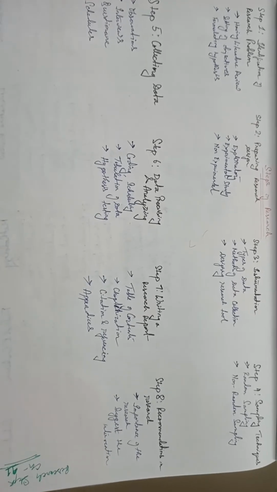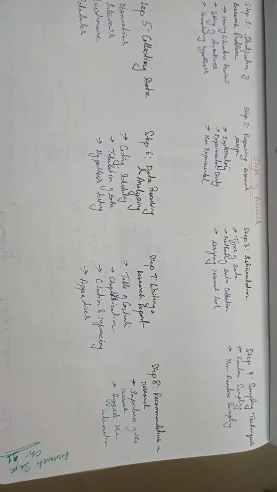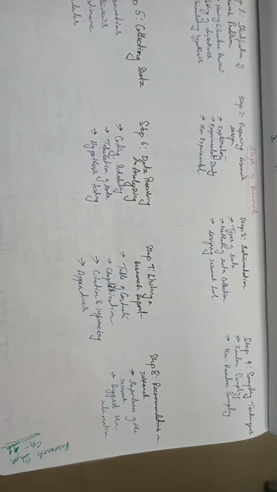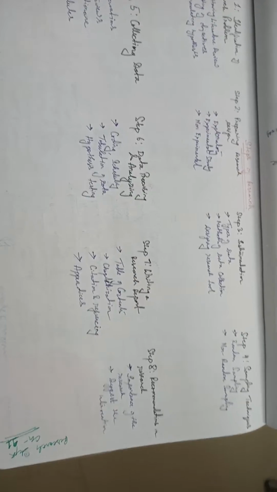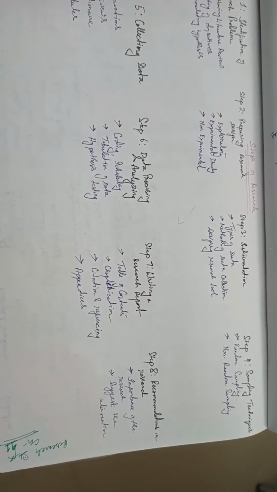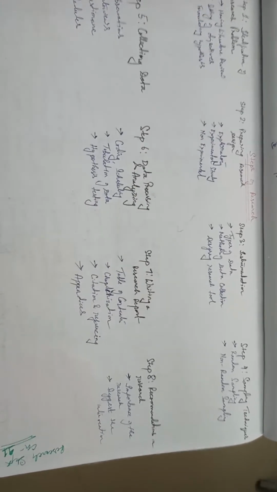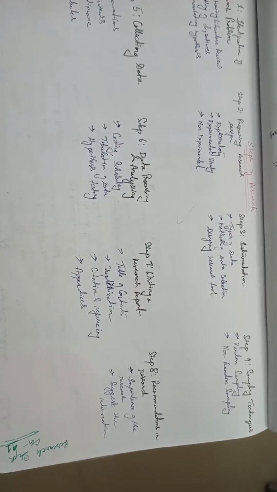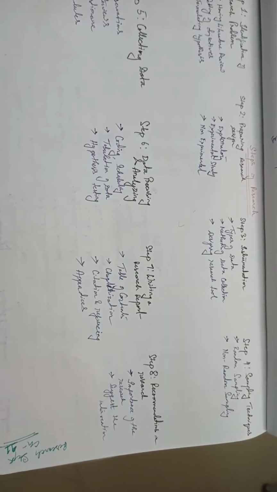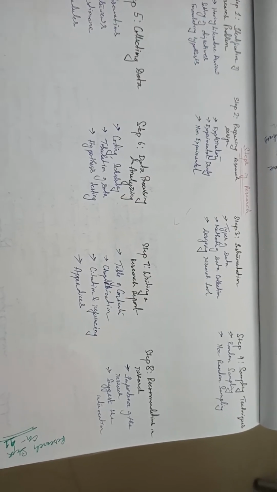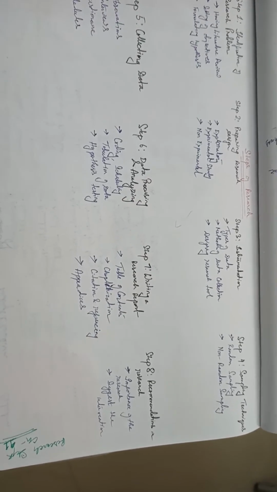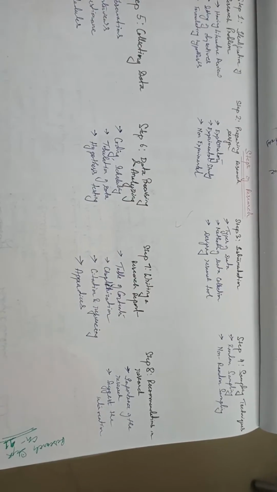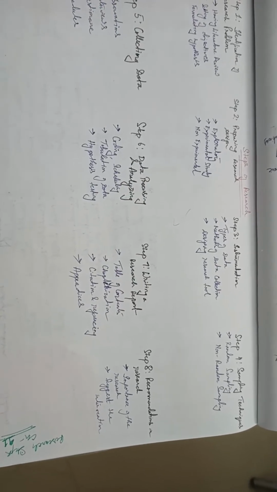Now coming to the seventh point, writing the research report. You have completed all the six steps successfully, after taking all the steps, all the data, all the preparatory phase. Now you are concluding, you are writing the report, you are writing your observation. Now document your work. A typical report includes a table of contents, chapters, citations and references, and finally appendices.